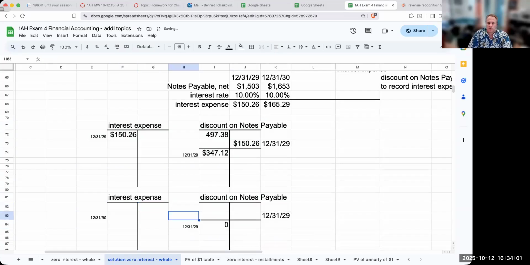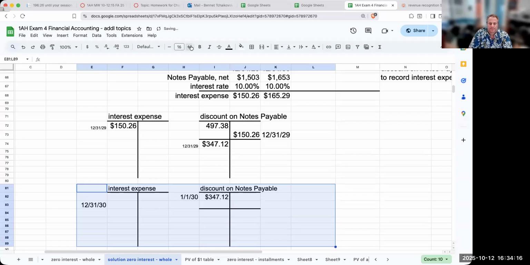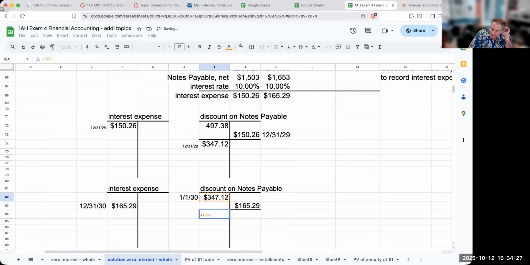So here, my discount on notes payable as of 1/1/30 is going to be 347.12. It's the ending balance of the prior period. Okay. So now I'm recognizing interest expense of 165.29. I'm going to credit discount on notes payable.